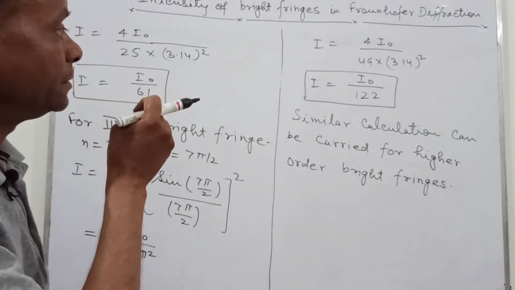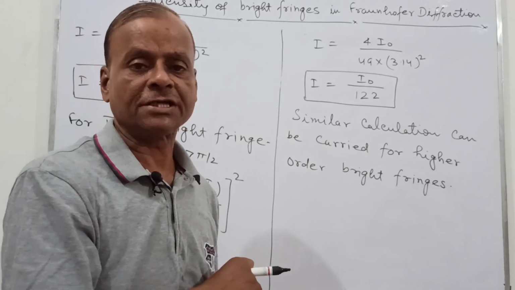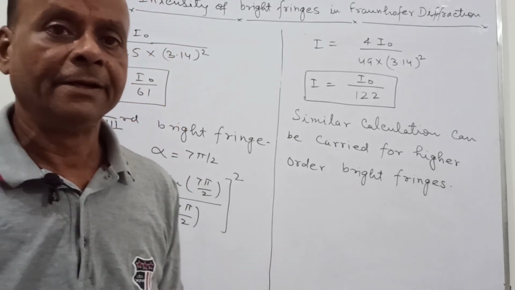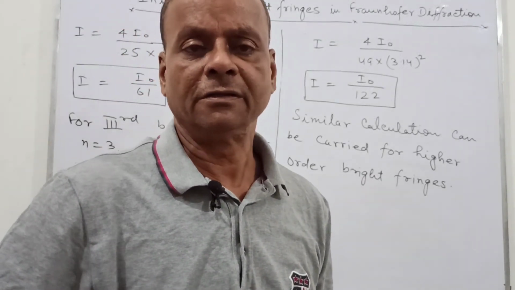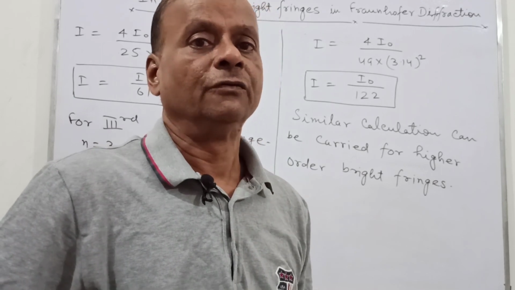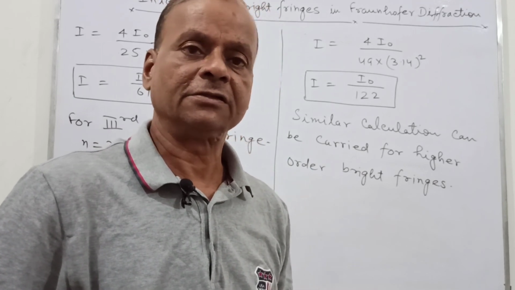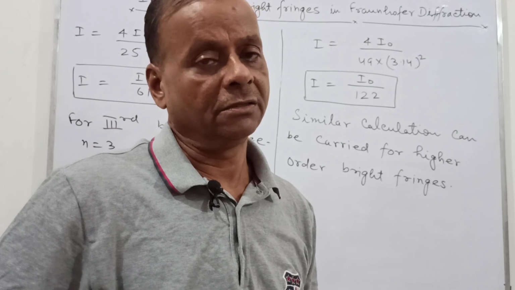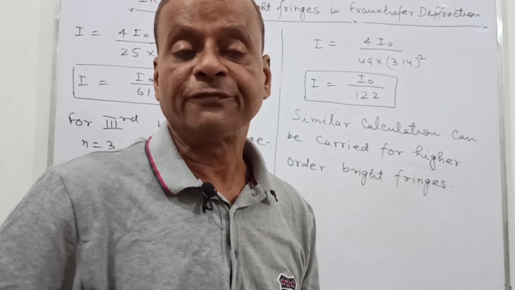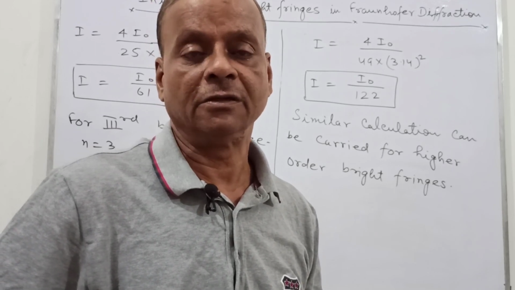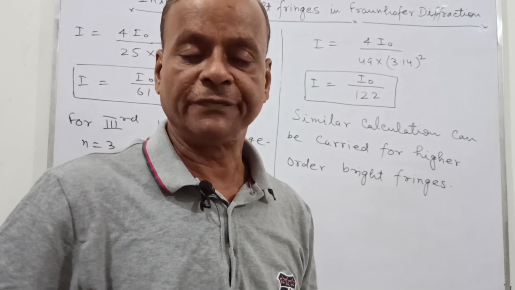So I have taken this. This is about the intensity of the central fringe, first fringe, second fringe, third fringe, that is the Bragg fringes in the diffraction pattern of the Fraunhofer diffraction.